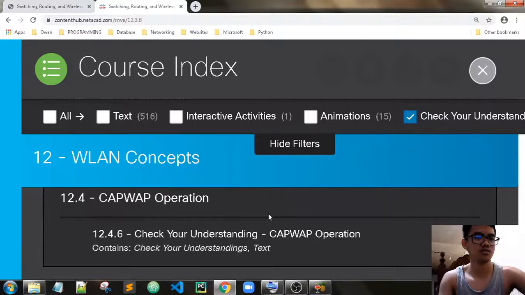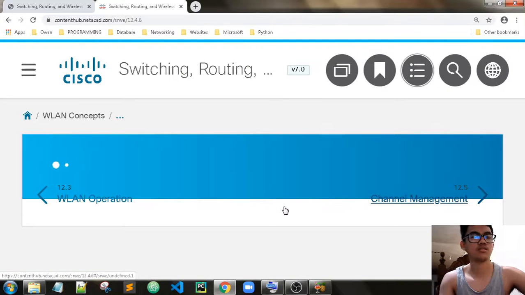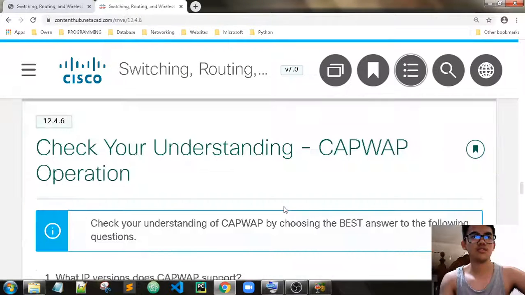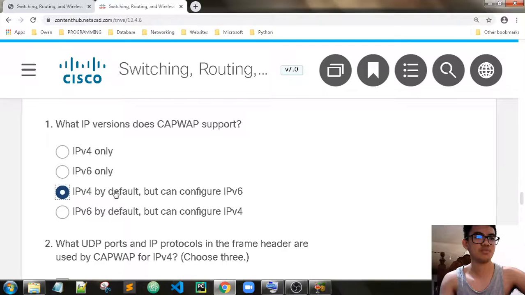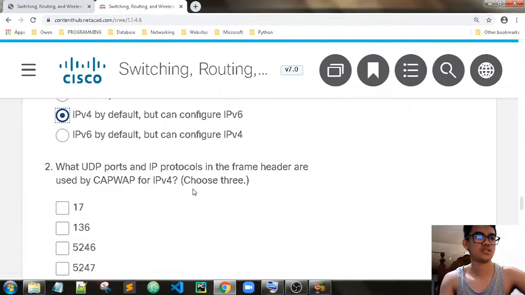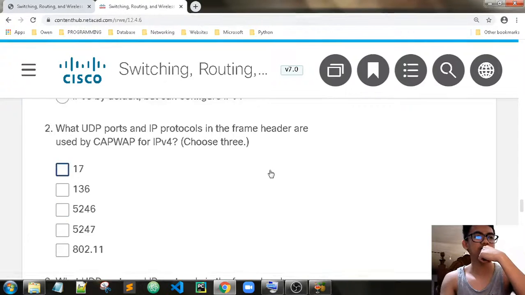CAPWAP operation. What IP versions does CAPWAP support? IPv4 by default, but you can configure IPv6. What UDP ports and IP protocols are used by CAPWAP? Choose 3. I forgot this one.